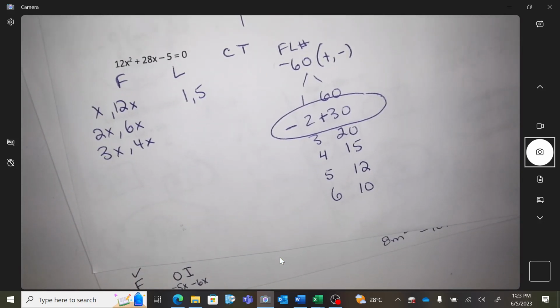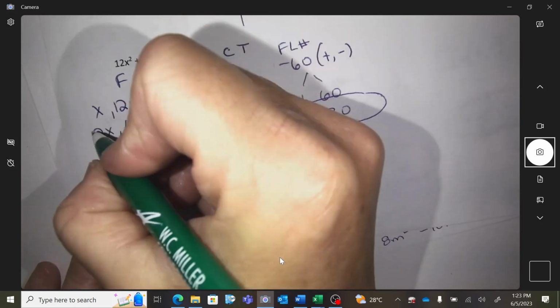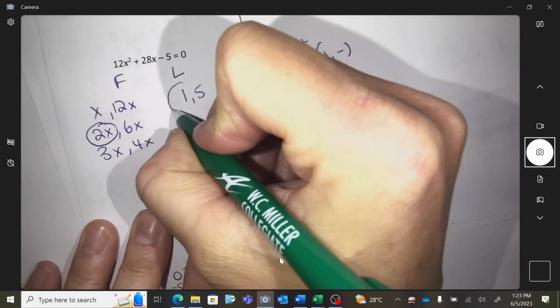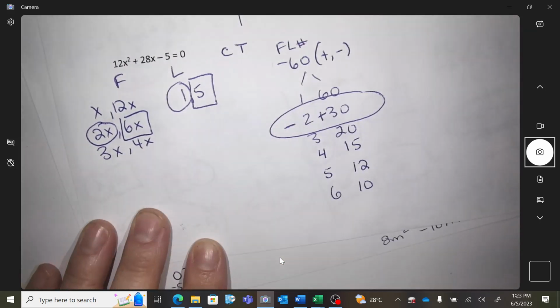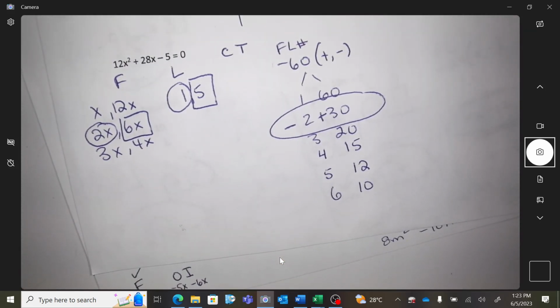So partners time, I need to make a 2 and a 30 when I do this. Do you see your grouping partners to make a 2 and a 30? Do you see my partners that I'm making?